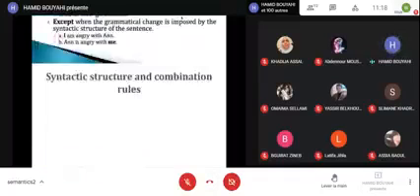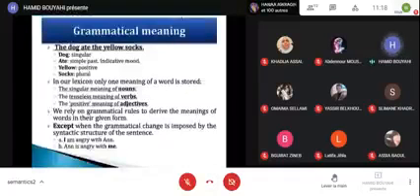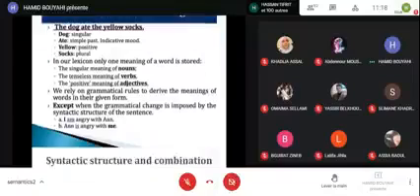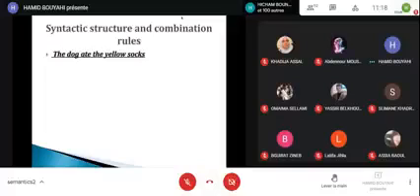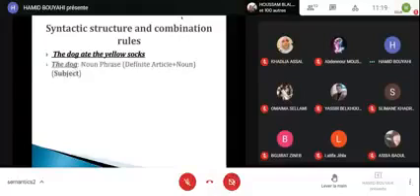So, as I've said, we deal with the grammatical meaning. So then we will deal with the syntactic structure and combination rules. So we see the sentence has a syntactic structure. Same sentence, the dog ate the yellow socks. The dog is a noun phrase.